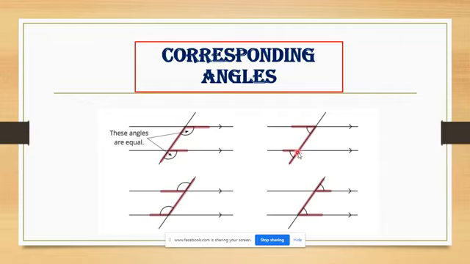One pair: left hand side of transversal and lower part, right hand side of the transversal and lower part of the parallel lines, left side of the transversal and upper part of the parallel lines, and right hand side of the transversal and upper part of the parallel lines. So always remember there are 4 pairs of corresponding angles. I think now this is much more clear. Okay, we will turn to the next.